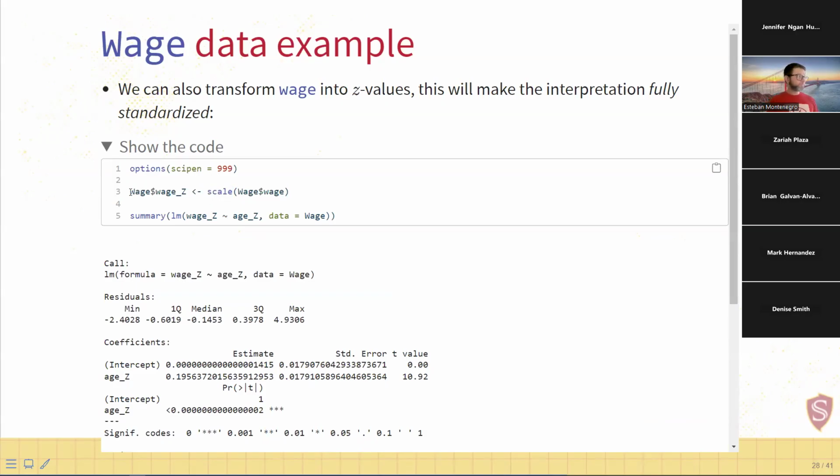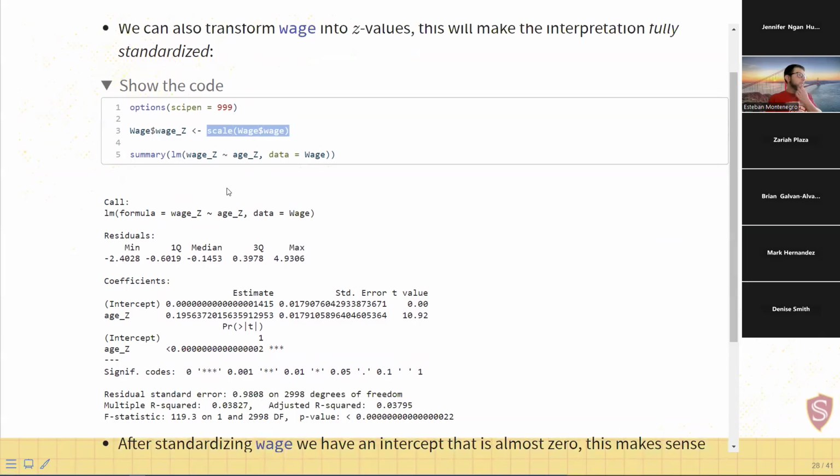So in this case, what I'm doing is creating a new variable called wage underscore Z in my data set wage. The new variable will be just z-scores. And also, age was already transformed into z-scores, or z values.